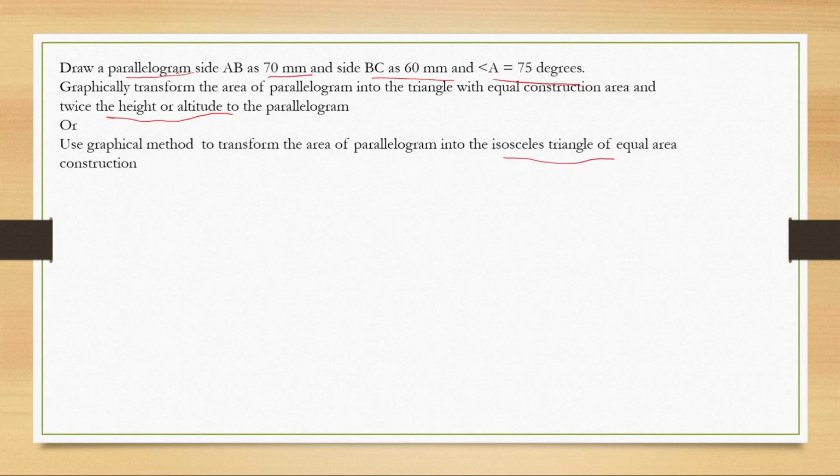So just remember, if they ask you to make the height twice or to draw an isosceles triangle, you have to find the base of the drawing, and from there you have to draw a bisector. So let's move ahead.